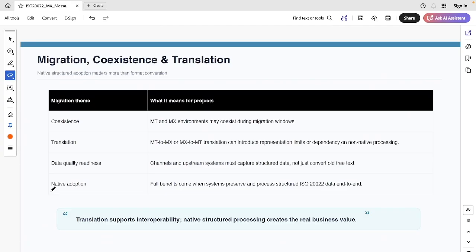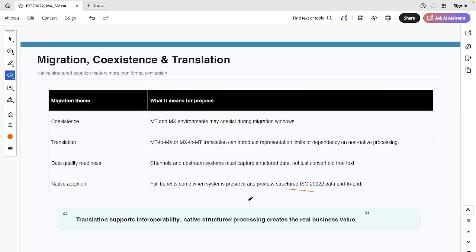Data quality readiness is the major theme. Channels and upstream systems must capture structured data, not just old free text information. Master data, customer onboarding, address quality, account data, BIC data, purpose codes, and remittance fields may all become important. The full benefit of ISO 20022 comes when the bank adopts structured data format natively across the chain: capture, validation, mapping, screening, routing, posting, reporting, analytics.